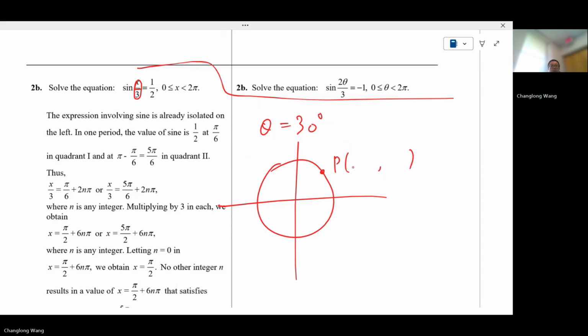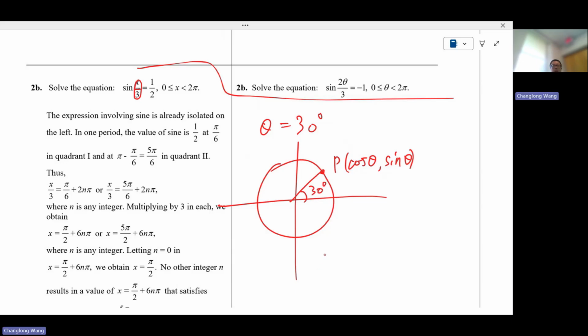Okay, cosine, that will be the horizontal coordinate, right? Sine is going to be the vertical coordinate. The x coordinate is the cosine, right? Sine is the y coordinate. So in this case, the P will have an angle of 30 degrees.